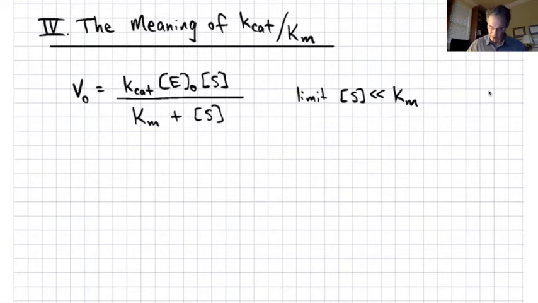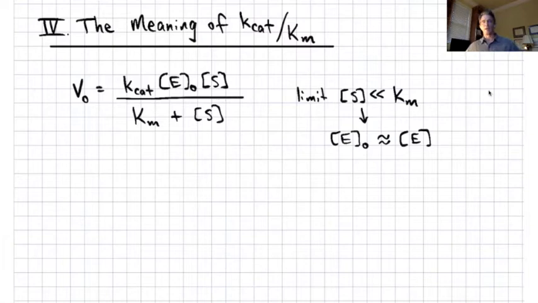Well, for one thing, the concentration of total enzyme is going to be approximately equal to free enzyme. As you get much, much less substrate, most of the enzyme ends up being unbound to substrate, so most of the enzyme would be free enzyme. At the same time, under that set of circumstances, what happens to that ratio? If the concentration of S is much, much less than Km, S becomes insignificant in that sum in the denominator, so we can cancel that out.